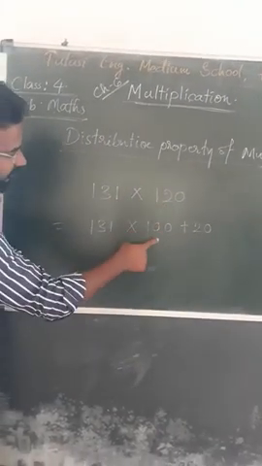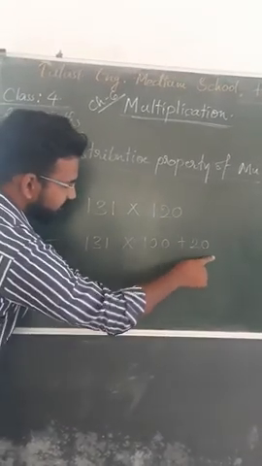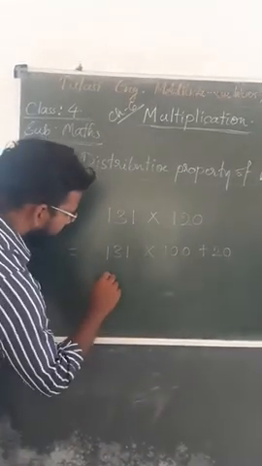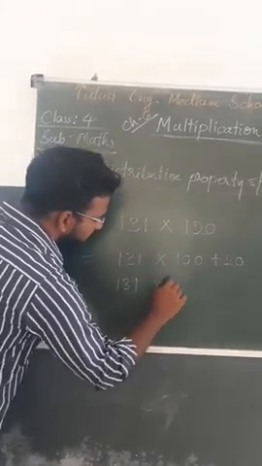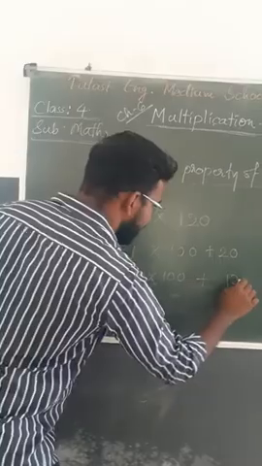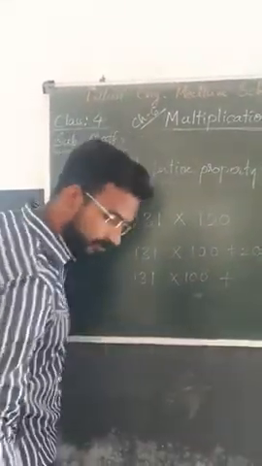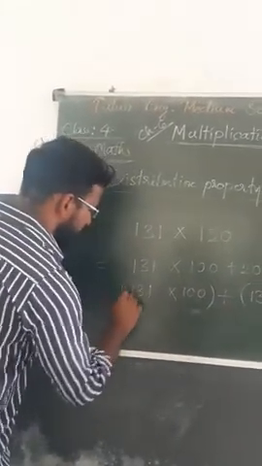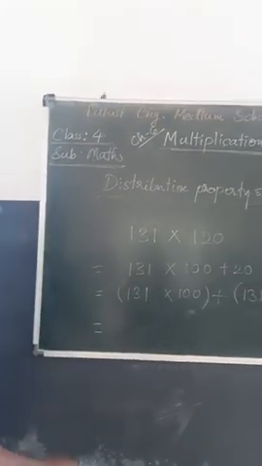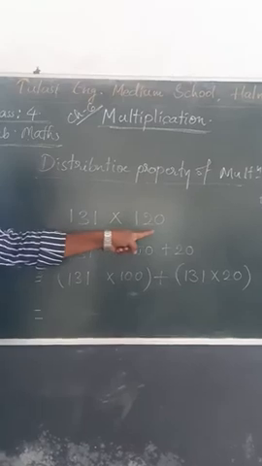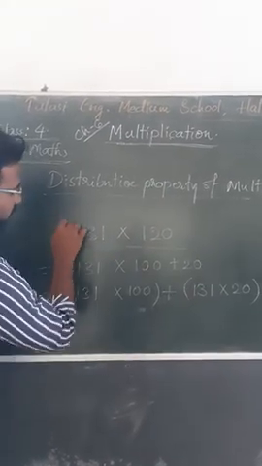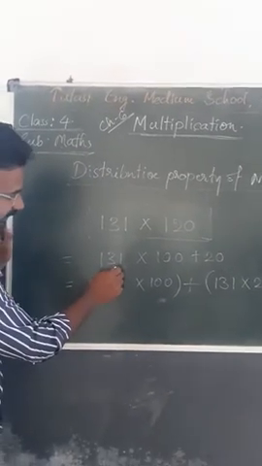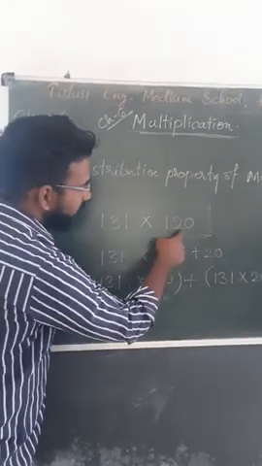See, 120 I divided as 100 plus 20. We are going to find the product of this. 131 as it is into 120.